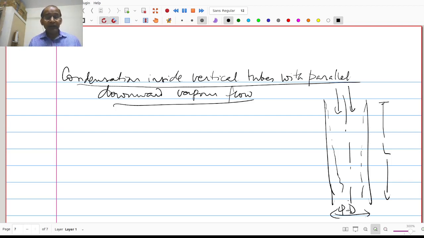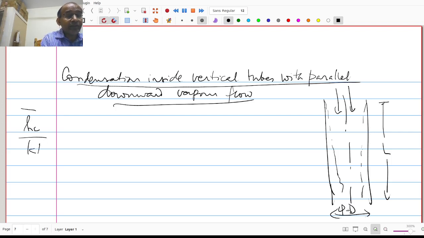Then we can use the correlation that I'm going to write now for the number h_L bar divided by k_L multiplied by (nu_L squared by g) raised to the power of 1/3. This expression looks very similar to Chen's expression, except that it has an additional term that accounts for the presence of a confinement in the form of a tube and the effect of acceleration and gravity and all that.